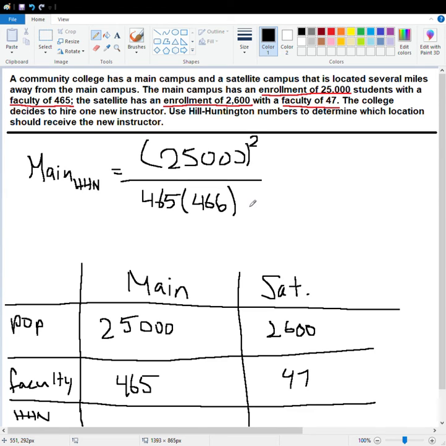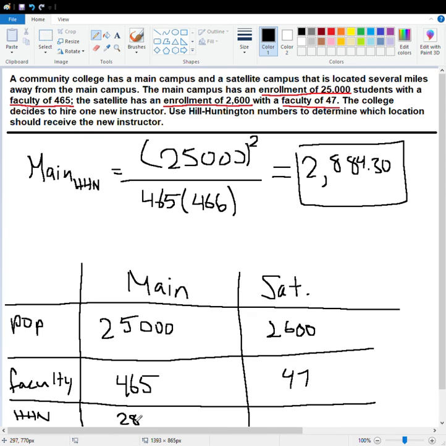And if you pull out your calculator and do the math, you will get 2,884.30 roughly, right? So now that we have this, we'll just put it down here, 2,884.30. Okay, now let's get rid of that.